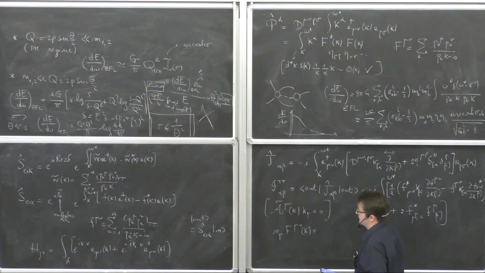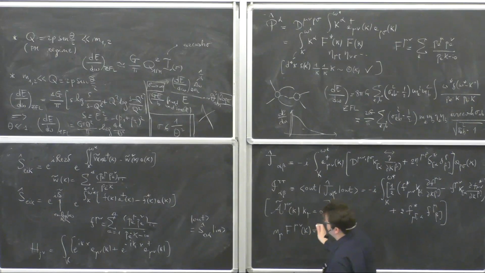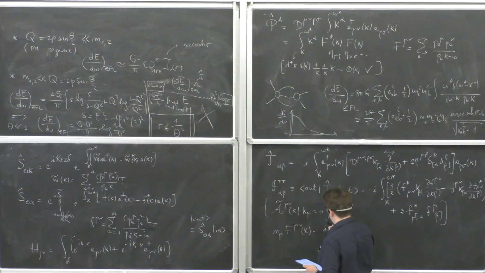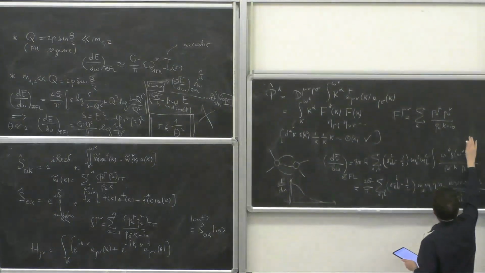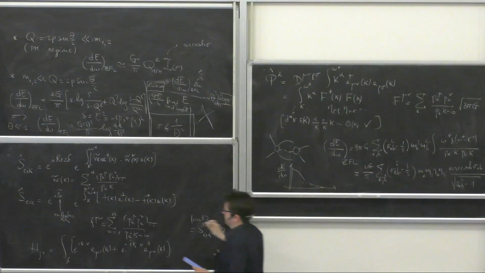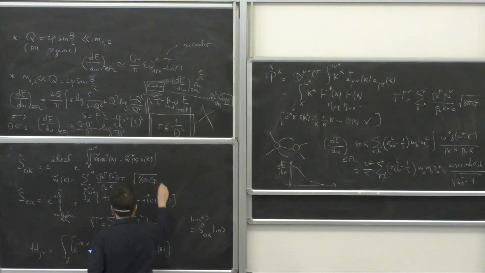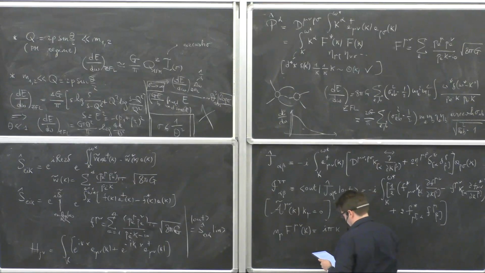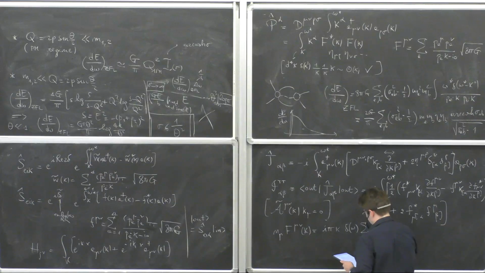Now you have a bit of a song and dance to do in order to take care of this i epsilon prescription, and you can show that the result is i pi kappa, or square root of 8 pi G, times delta of omega, the sum over, say, the in state of p_A nu.